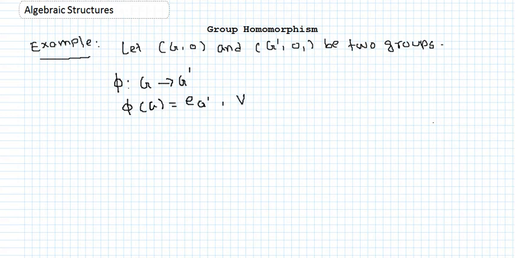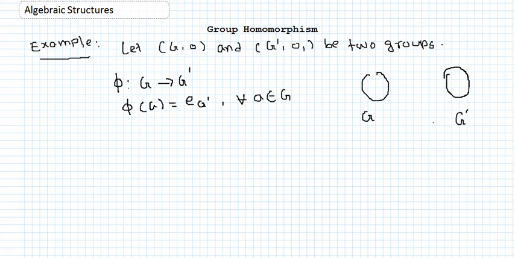Suppose we have the set G over here, and the set G dash over here, and we have the identity element over here. So all elements of G map to the same element EG dash. In this way the mapping is defined.